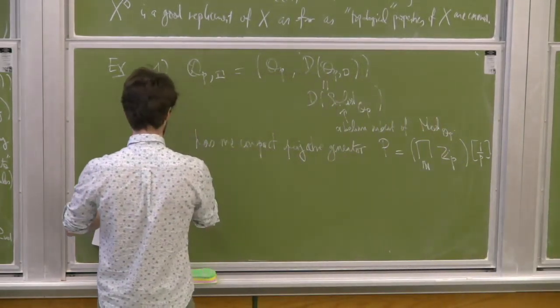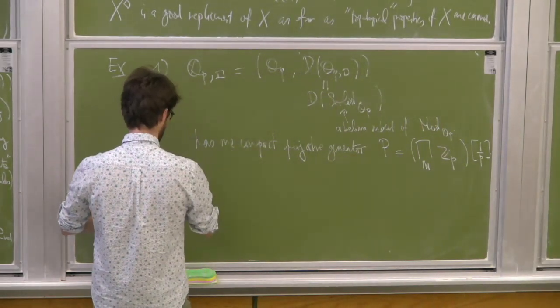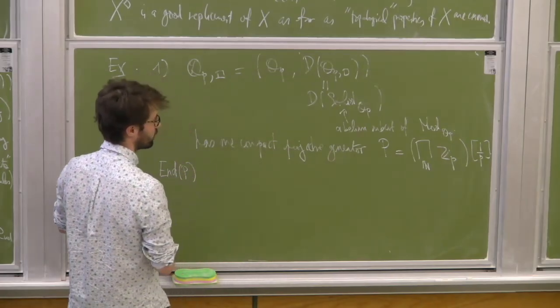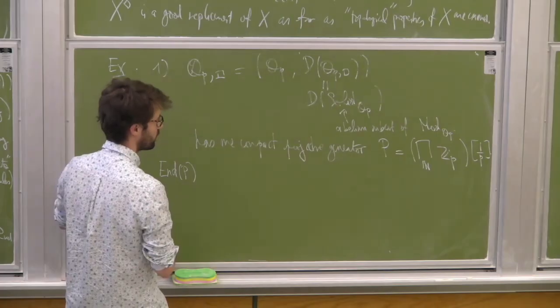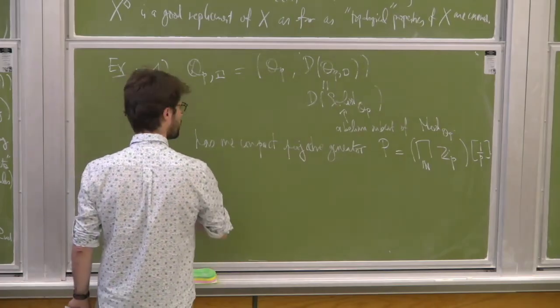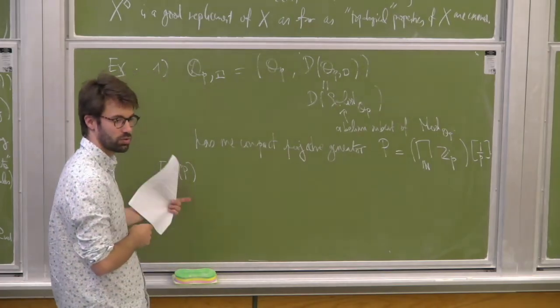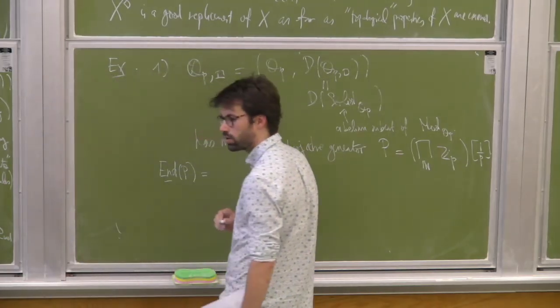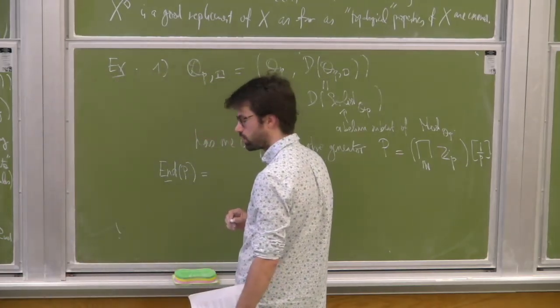Right. So the endomorphisms of this module, usually in the category of condensed modules. But suppose I don't know what condensed is, then can I write a formula? It is a topological module in this case.